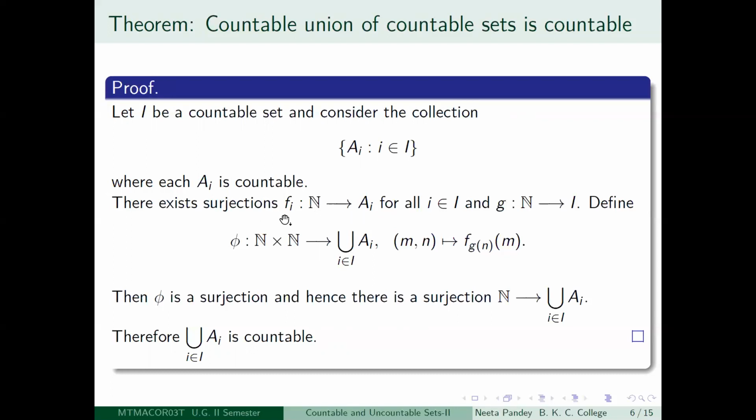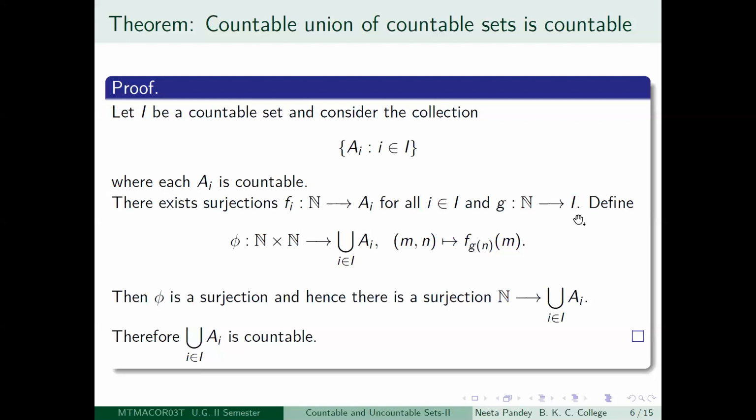So f of g(n) is a mapping from the set of positive integers to A_g(n). So you look at where m is going under that mapping, that will be the image of (m, n) under phi. This is our description.